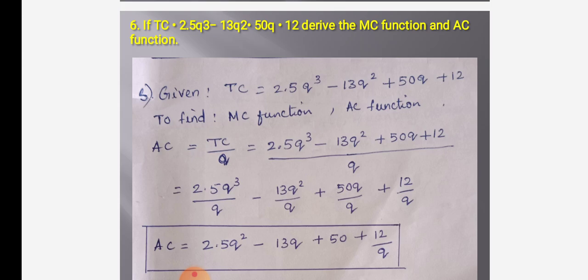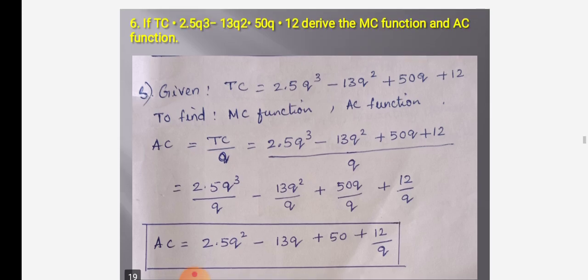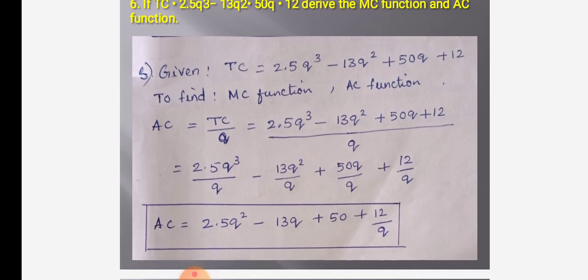Formula for finding average cost. AC, what is the formula? TC by Q. The TC function is already given here: 2.5q cube minus 13q square plus 50q plus 12 divided by q. This q, I told you, is common for all the variables. You can write it as 2.5q cube by q minus 13q square by q plus 50q by q plus 12 by q. Again, you can simplify this.